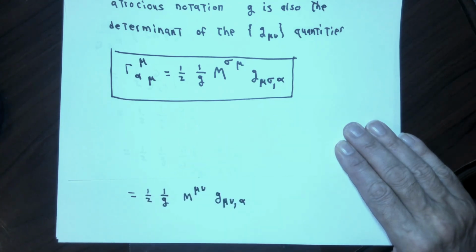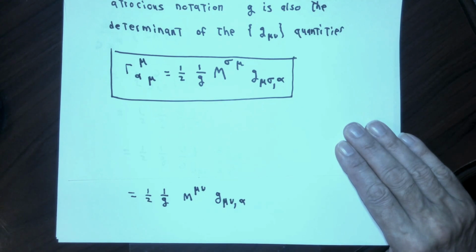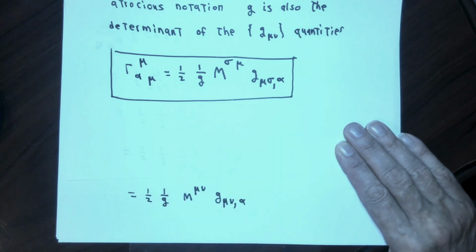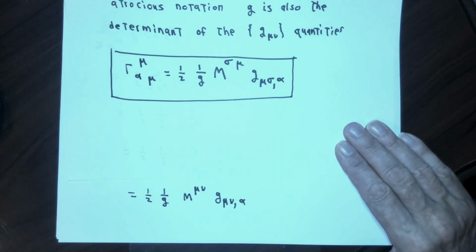The only difference between these two expressions is, in this expression, the indexes here and here are the same, and in this one, they're in the opposite order, sigma mu versus mu sigma.